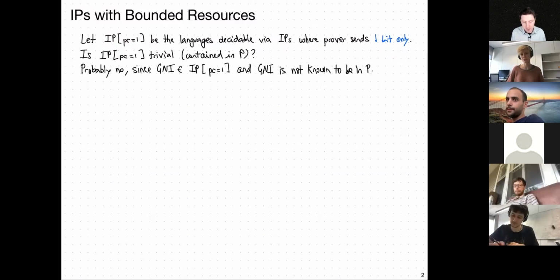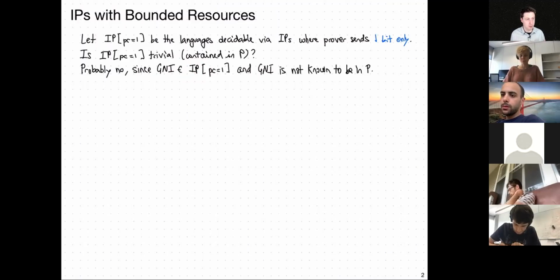Well, probably it's not trivial. For example, we have seen an interactive proof that falls in this category, and that was the interactive proof for graph non-isomorphism, right? In that case, the prover was trying to tell the verifier which of the two graphs it thinks the scrambled graph received from the verifier is isomorphic to.